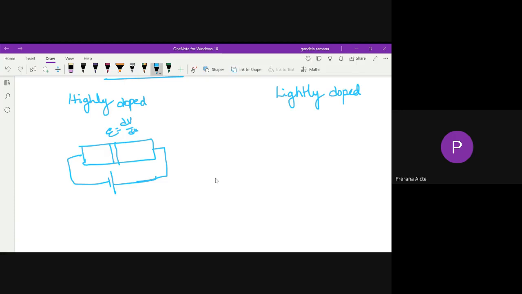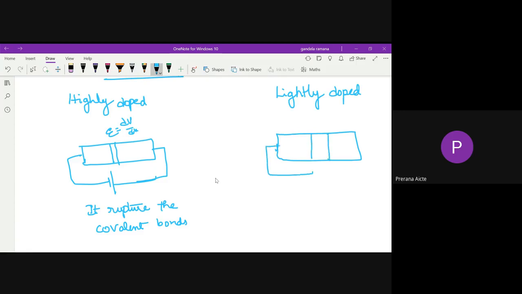It has high electric intensity. Because of that, it ruptures the covalent bonds. Here, in lightly doped, the distance is large. So it cannot produce high intensity because the distance is large.